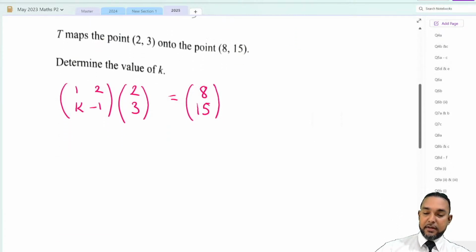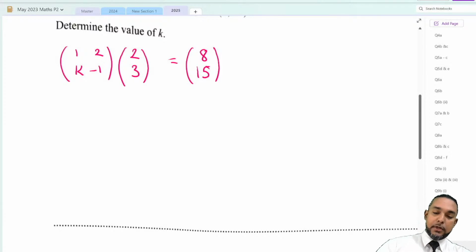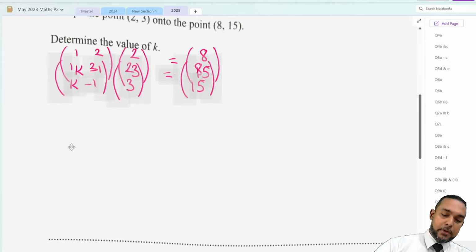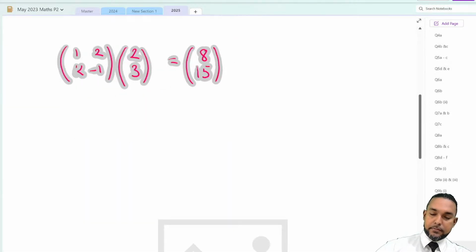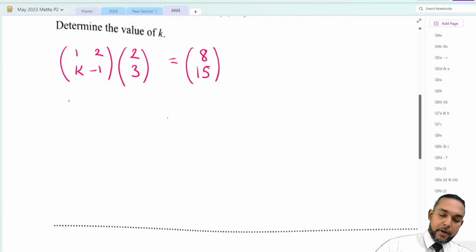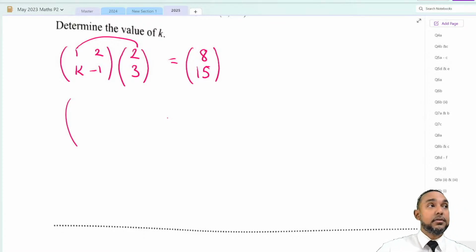All right, so let's take a look and see how this pans out. Like we just did, we're going to multiply row by column. So top row by column. 1 by 2 is, and then 2 by 3 is.